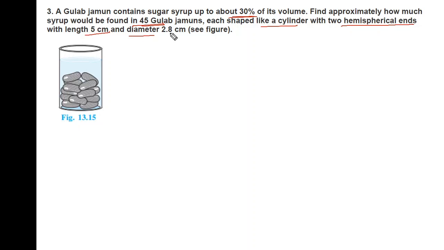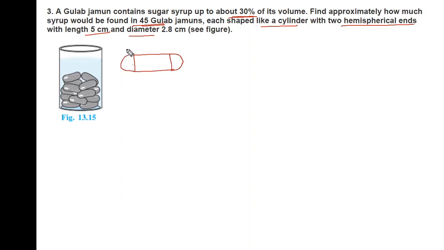Okay, now you can see there are a lot of gulab jamuns, so we need to find the dimension of each gulab jamun. So each gulab jamun will be like this, a cylinder in the middle and two hemispheres in both the ends like this. So these are the hemispheres.